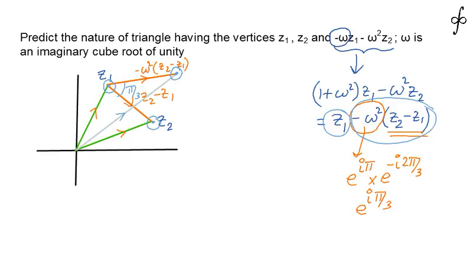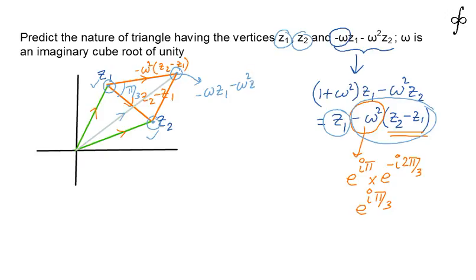So let's complete the triangle. We have got the triangle having the vertices z1, z2, and minus omega z1 minus omega square z2, which is this particular point.